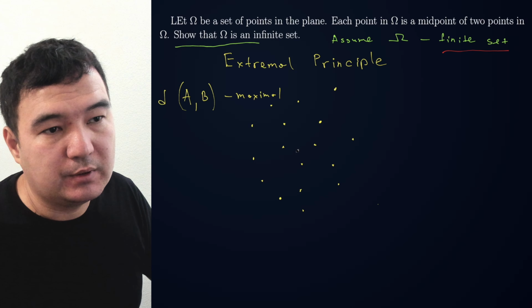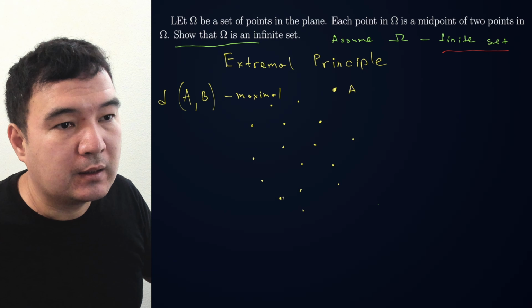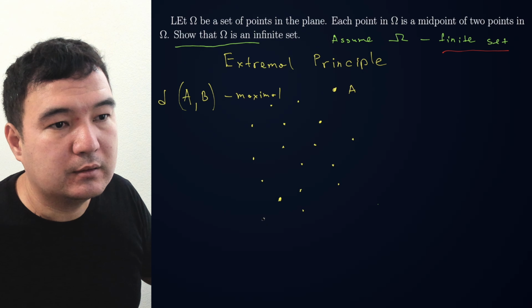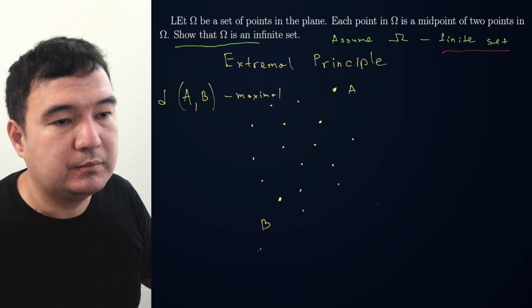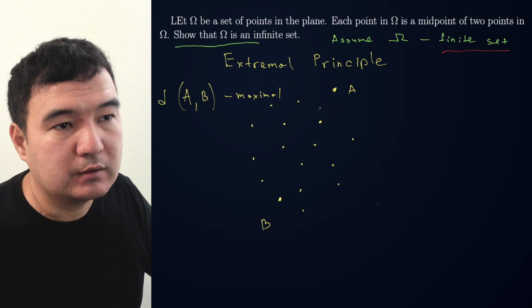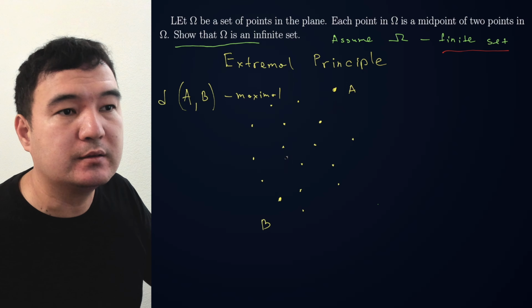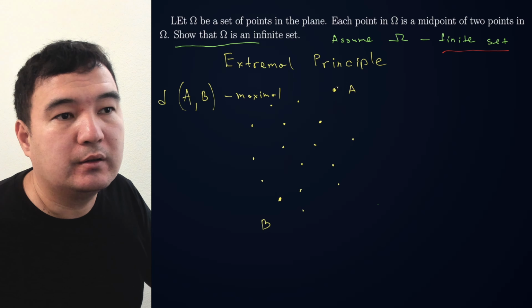Let's say, in this figure, this is A, and this is B. So AB is the longest distance, and no distance is longer than AB.